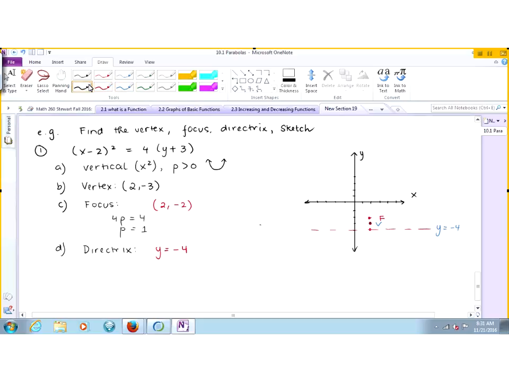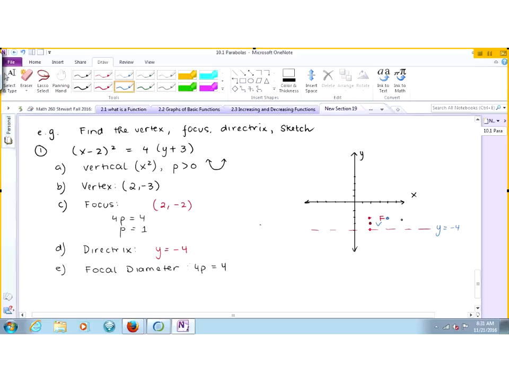Now, how am I going to graph it? What do I use when I graph? Focal diameter. Yes. What is my focal diameter? 4p. So remember, focal diameter is 4p. 4p is equal to 4, so the focal diameter is 4. How do I split my 4? 2 to the left and 2 to the right.